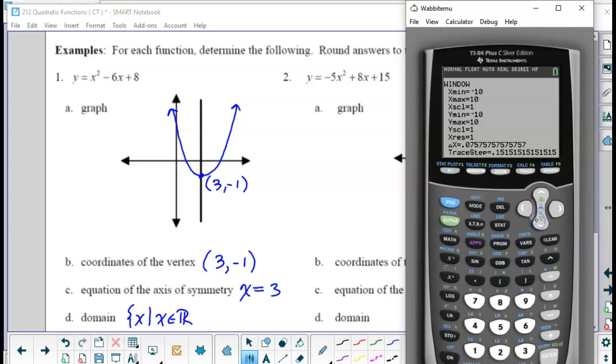Maybe I'll go 50 for y max. Still can't see it. I'm going to go 20. There we go. Okay, and then sketch that.